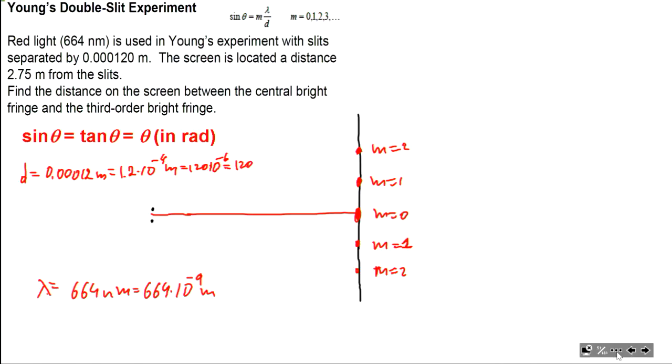That's how people would write it, micrometers, just in case. And the distance from the device to the screen is this. Calculate the distance on the screen from the central fringe to the third order. We need the third one, and we are looking for this distance. We call it normally L3.